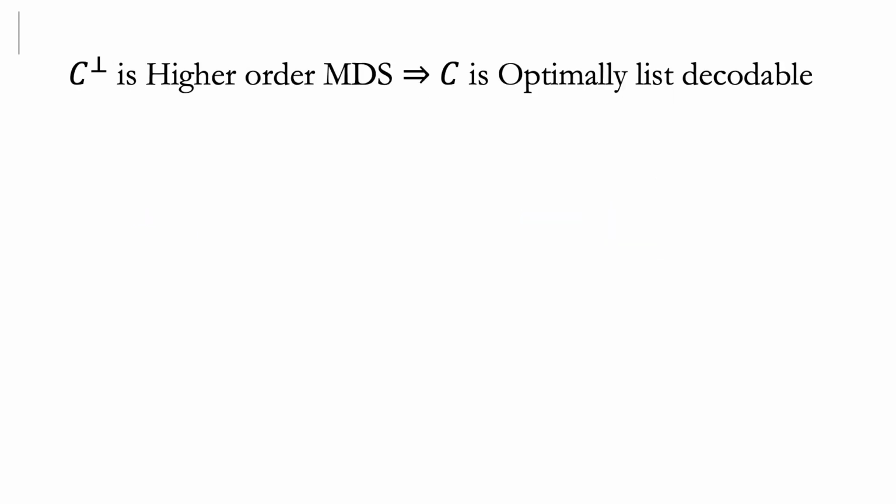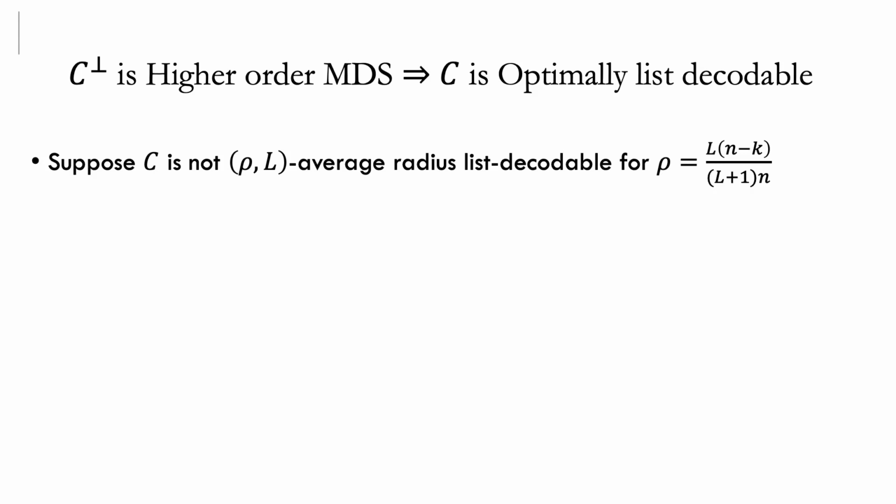Let's now work through a special case in which we know that the dual code is higher order MDS, and we seek to prove that our code itself is optimally list decodable. Suppose for contradiction that our code does not have optimal list decoding guarantees. In particular, it's not (rho, L) average radius list decodable when our radius rho is L over L plus 1 times (n minus k) over n.